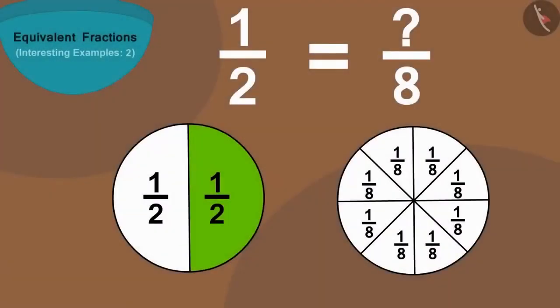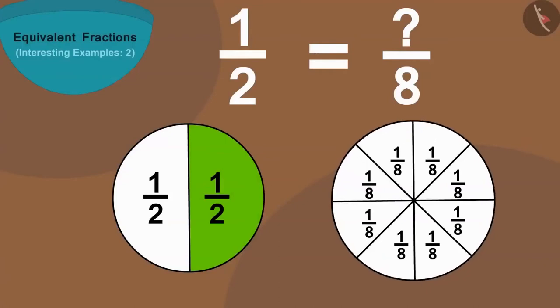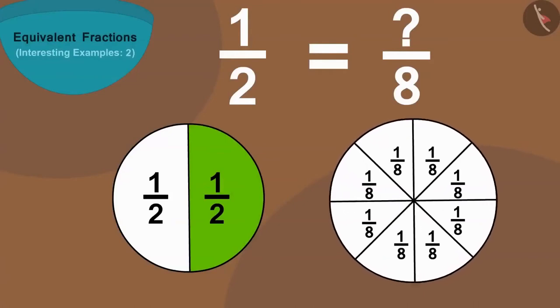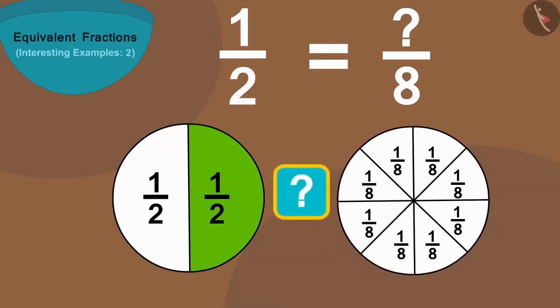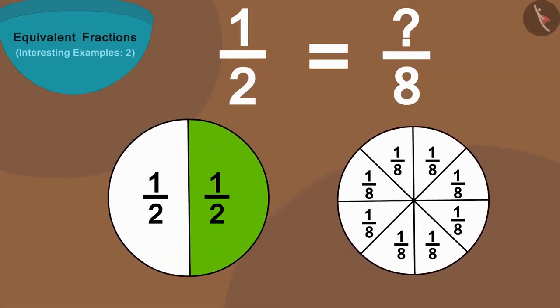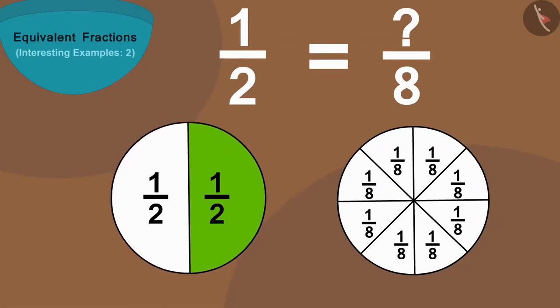Now, we have to find out how many parts of these 8 parts should we take so that it is equal to half of the first circle.